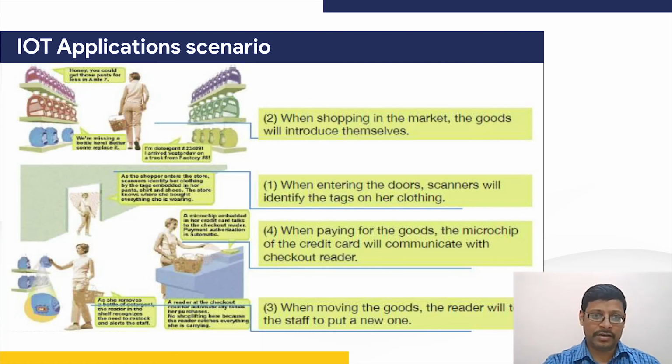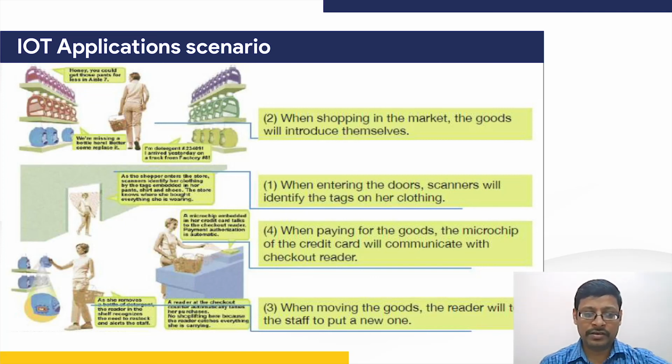Once they load items into the trolley, the cost is automatically added each time you add a product into the cart. When you are coming out, the amount is automatically deducted from your credit or debit card.